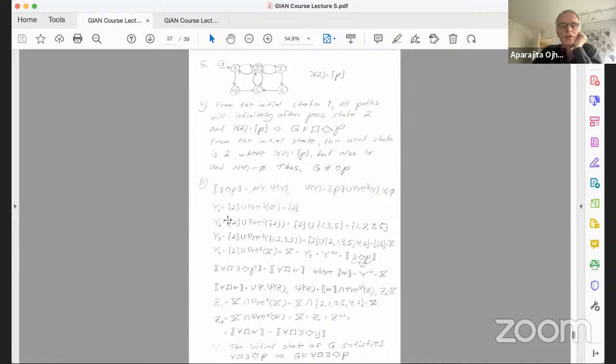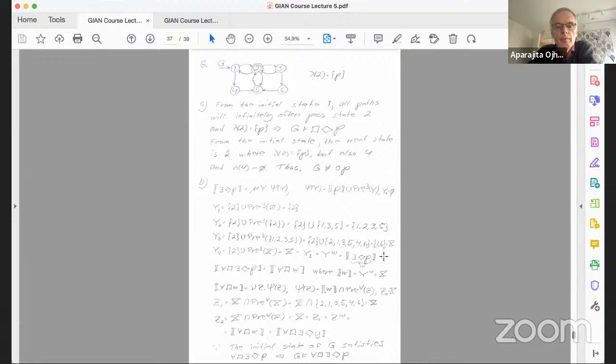In that case, I take the mu calculus expression for existence eventually P, and that was the set of states P union with pre-existence of Y. If you iterate this until fixed point, you find that the result is all states 1 to 6.